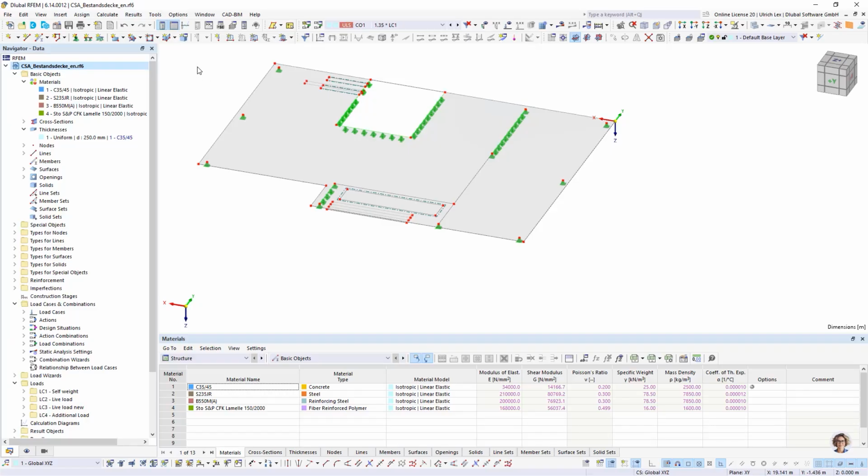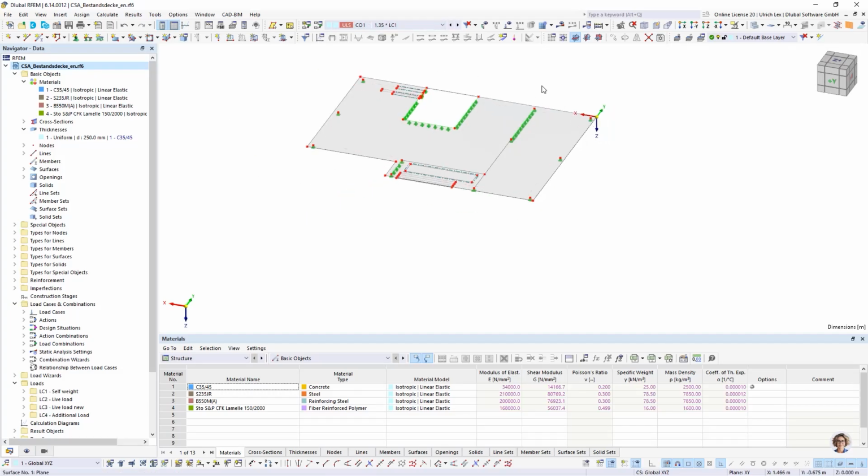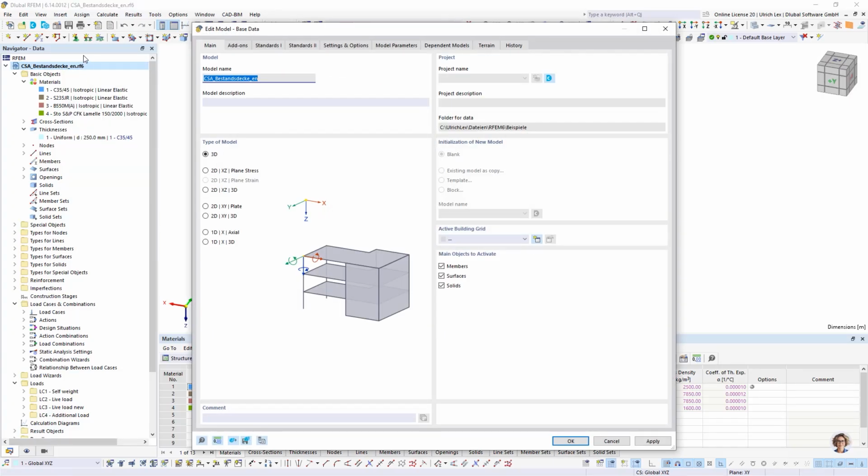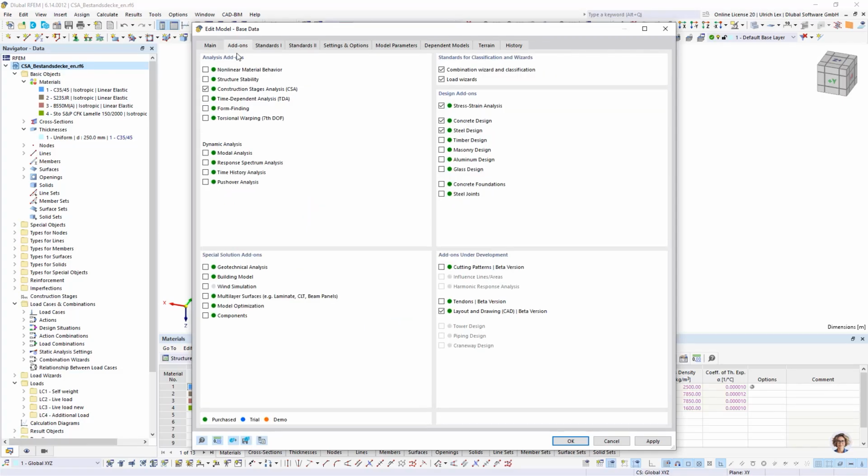Okay, the second thing is the loading. I created some load cases already. What I forgot is that at the beginning I want to take a look at the base data. For today's job, we have activated different add-ons.